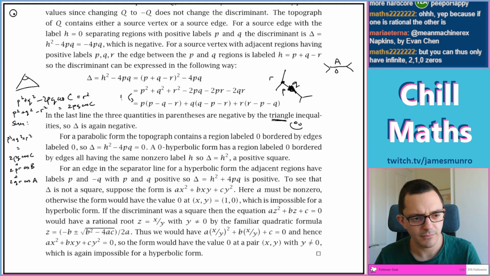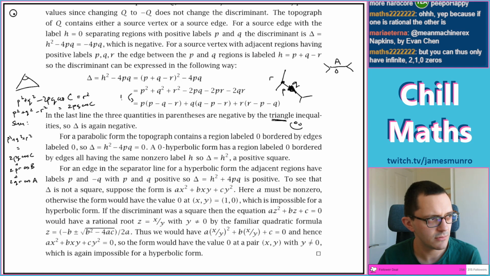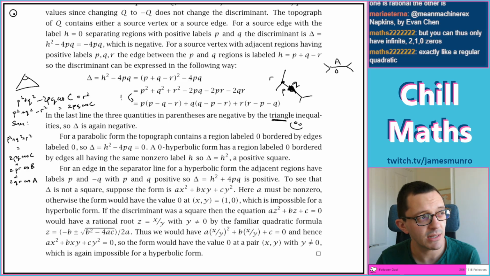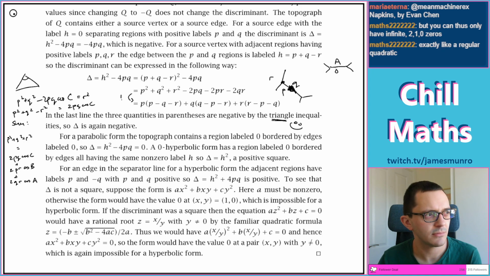Yeah, I think I'm with you. I think you only have 0, because you could not be 0 anywhere. You could have 1 zero if your quadratic has a repeated root. We've seen that. You could have 2 if your quadratic has 2 rational roots. And then you could have infinitely many, because what's the thing with infinitely many then?